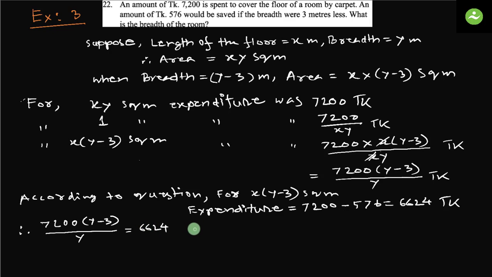So multiply both sides by y. What we get? We get 7200 into y minus 3 equals to 6624y.